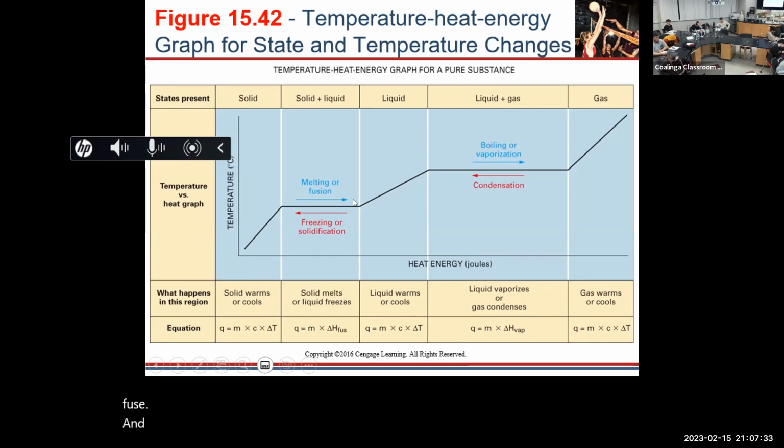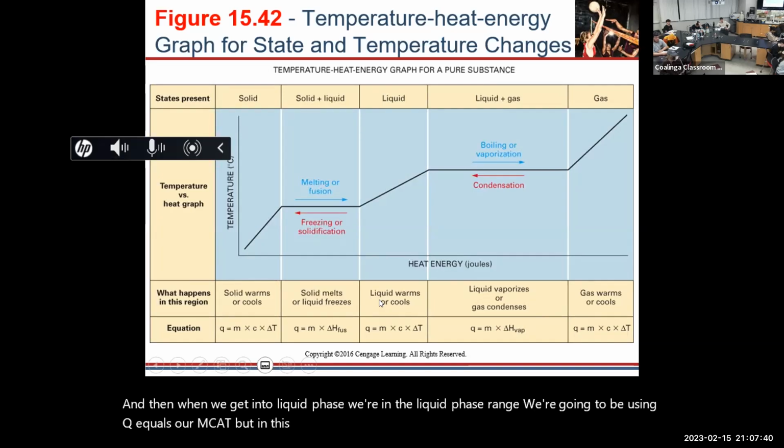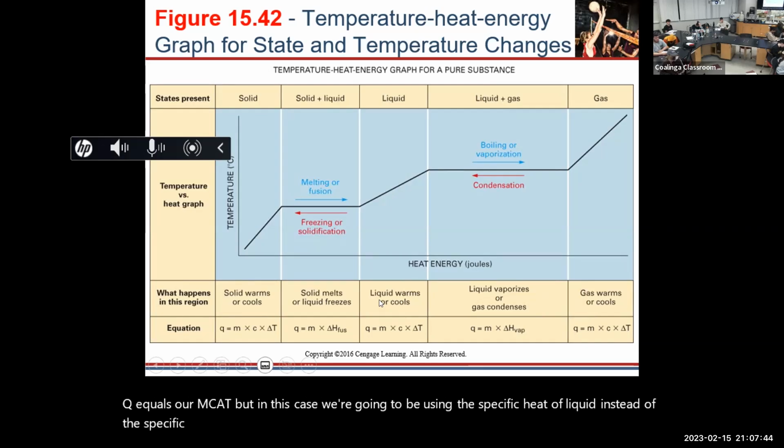Then when we get into the liquid phase, we use Q equals m c delta T again, but we use the specific heat of liquid instead of the specific heat of ice.